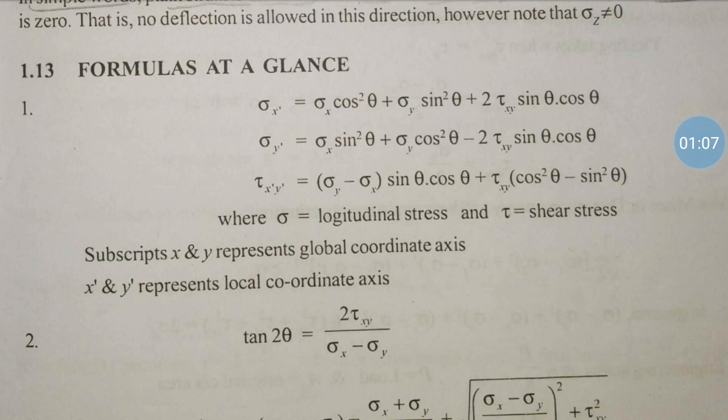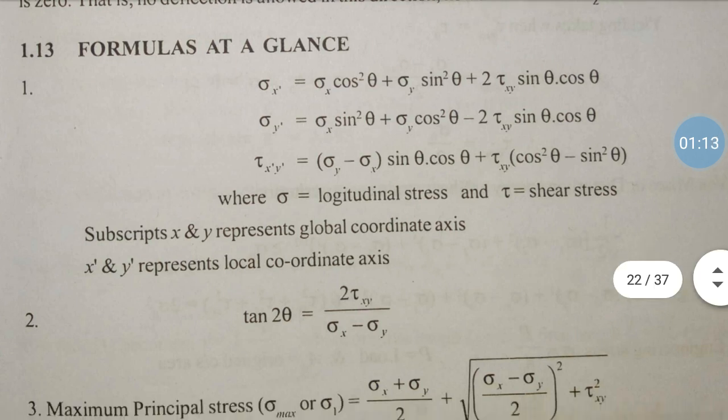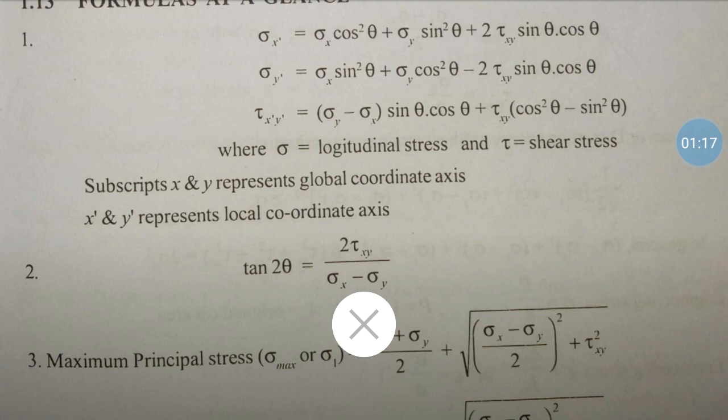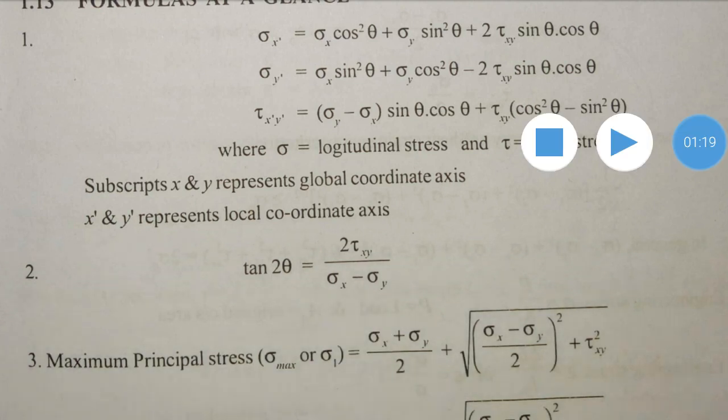First of all, you just see the formulas. So many formulas are there here. First one: stress x, stress y, tau of xy.